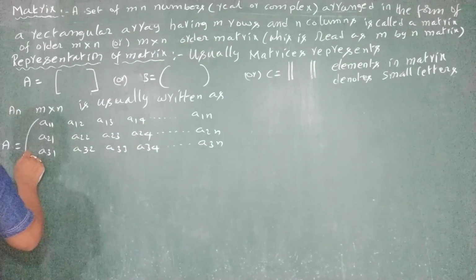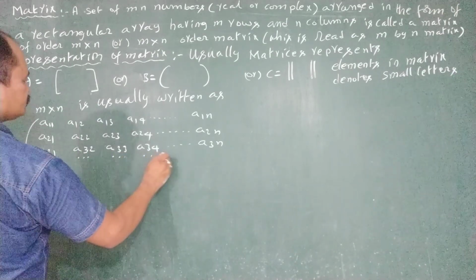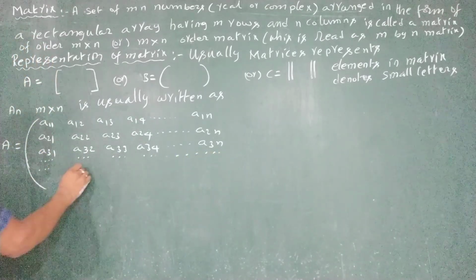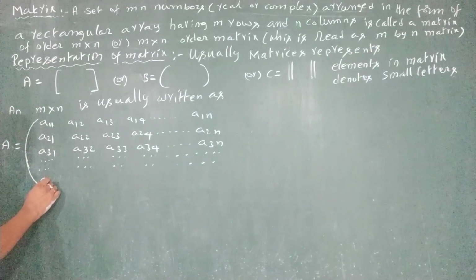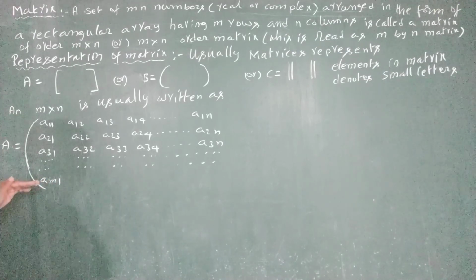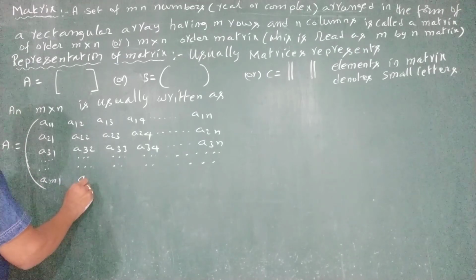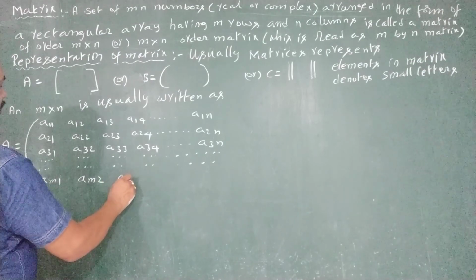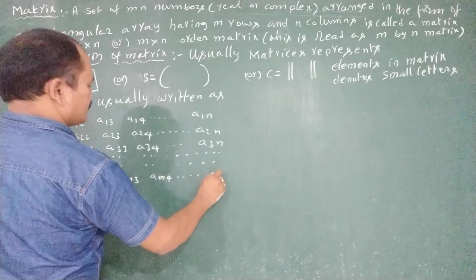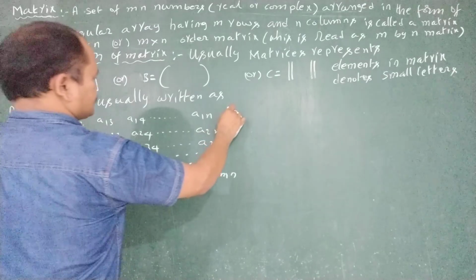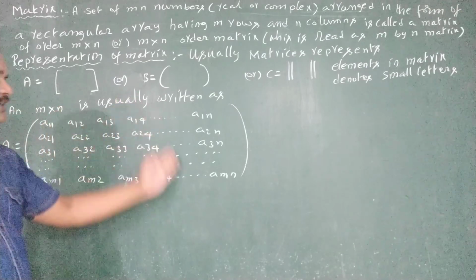Continuing like this scenario, we reach am1, the element in the mth row, first column, then am2, am3, am4, and so on, up to amn. So this is the matrix which contains m rows and n columns.